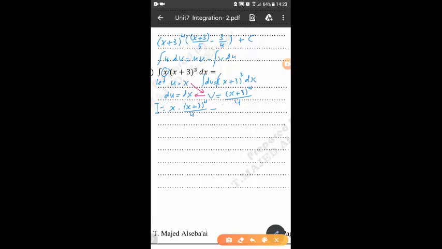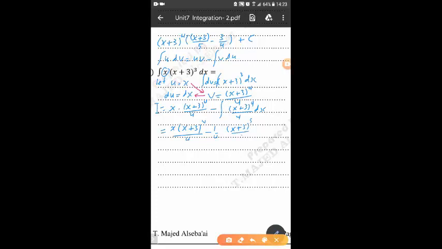So it's going to be the integration of (x plus 3) to the power of 4 over 4 dx, equals x times (x plus 3) to the power of 4 over 4 minus 1 over 4 times (x plus 3) to the power of 5.